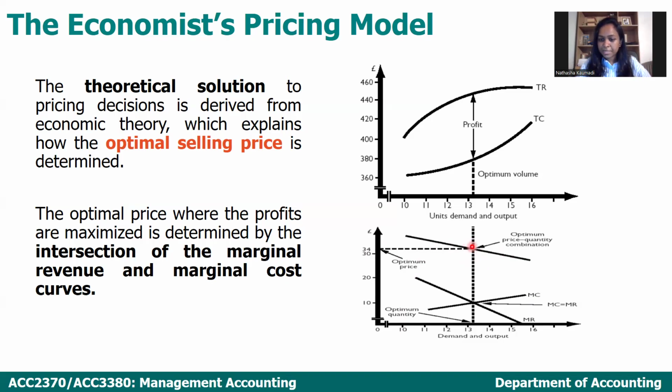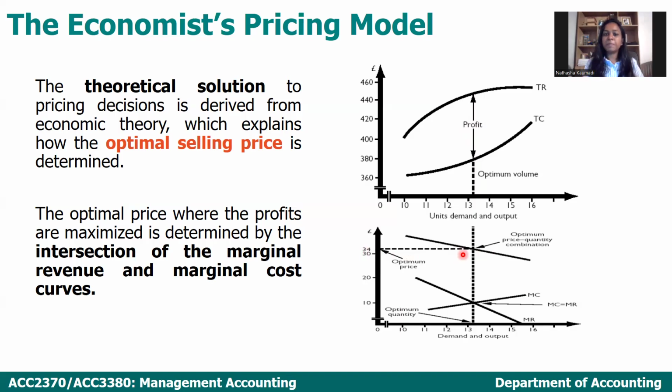See, now the price is this. When you go up, you can see in the first graph, total cost and total revenue curves are drawn based on that price. See, the highest profit, maximized profit, is achieved at the price of 34. That is the optimal price. So this is the explanation given by this.